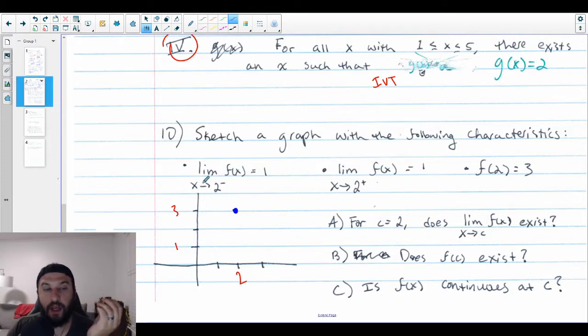However, because I'm approaching 1 from both sides, I have to put a hole there and approach from both sides. I don't really care what's going on with the curve. That doesn't matter. I can't put a closed dot here because then I would fail the vertical line test. For c equals 2, does the limit exist? Yes, it approaches the same thing from both sides. The limit is equal to 1.